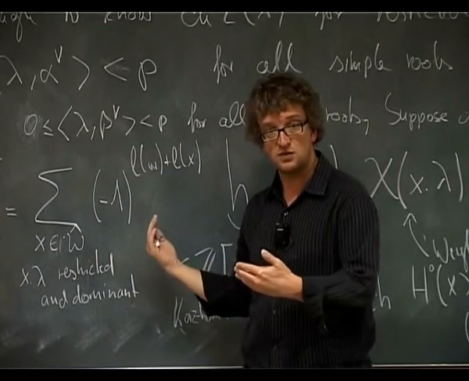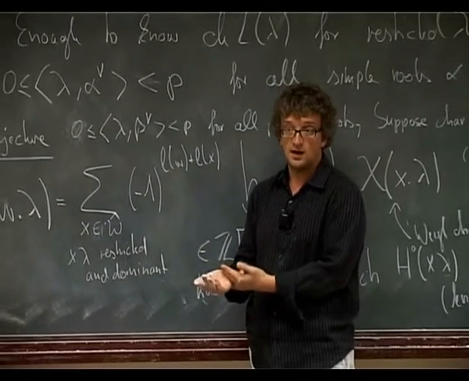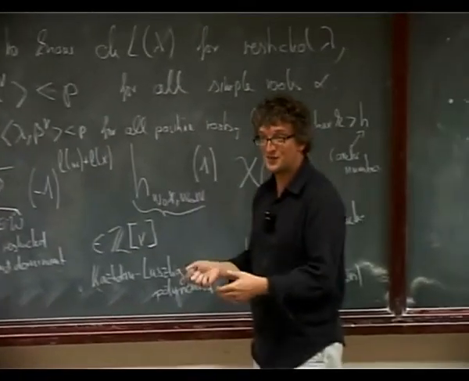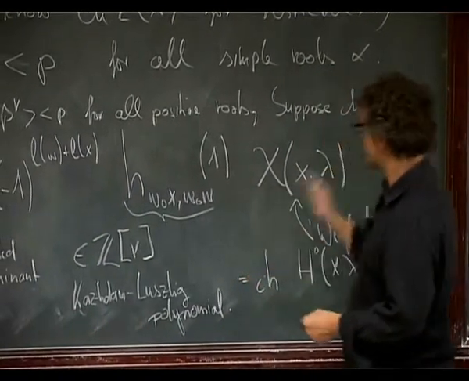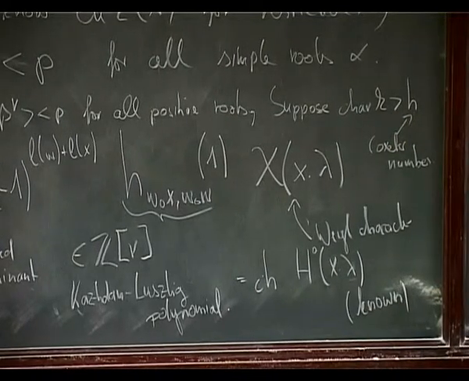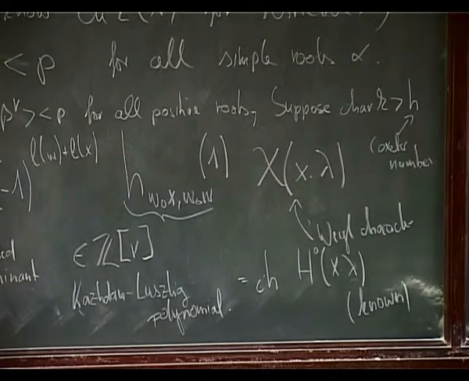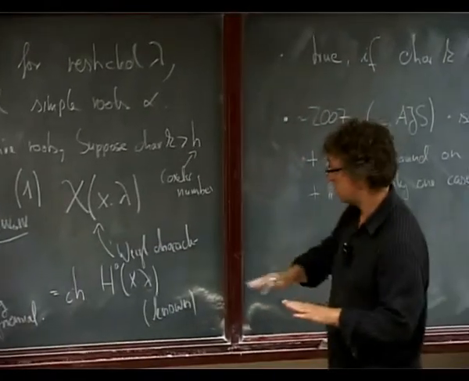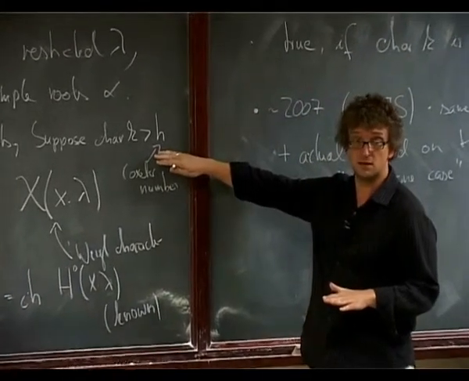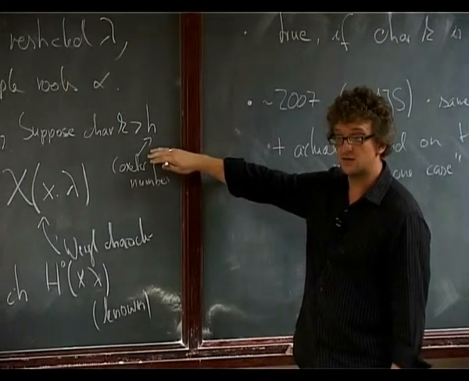You can translate this into an equivalent question about the Jordan-Hölder multiplicities of baby Verma modules. And I showed that this is 1 if and only if Lusztig's conjecture predicts it to be 1. And this holds for all characteristics above the Coxeter number. So at that time in 2007, that was maybe the strongest result that was valid for every characteristic above the Coxeter number. And it was also a hint that maybe the Coxeter number is the right bound.